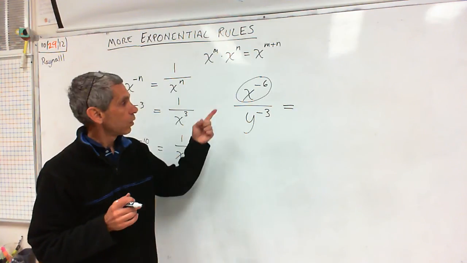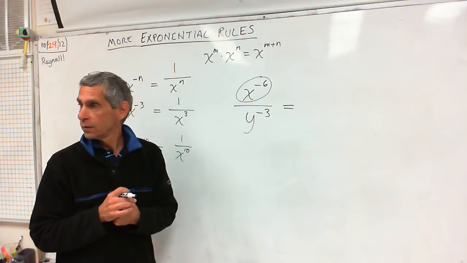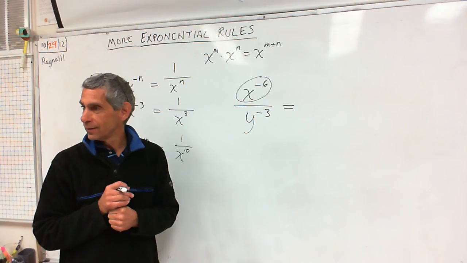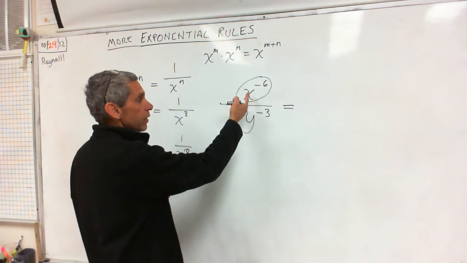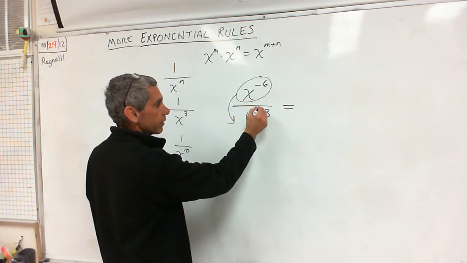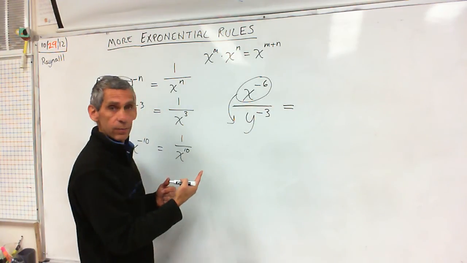Micah, where would you put this? Okay, so where would the x to the negative 6 go to make it x to the positive 6? Right, so all I have to do is bring that downstairs across this division line, right? And that becomes x to the positive 6.